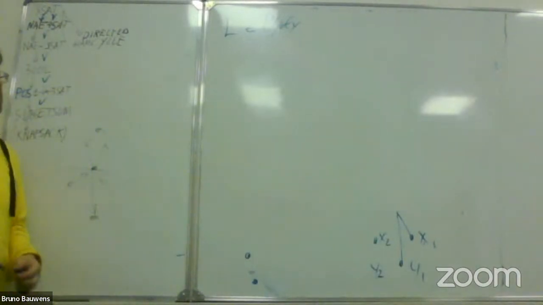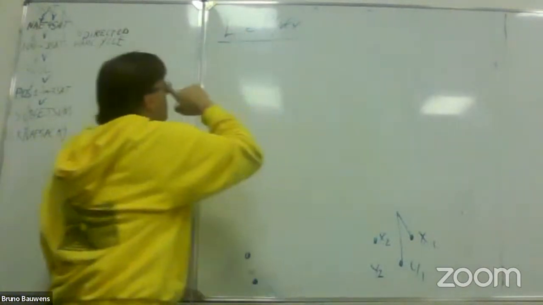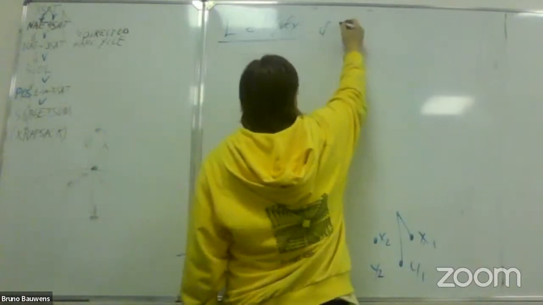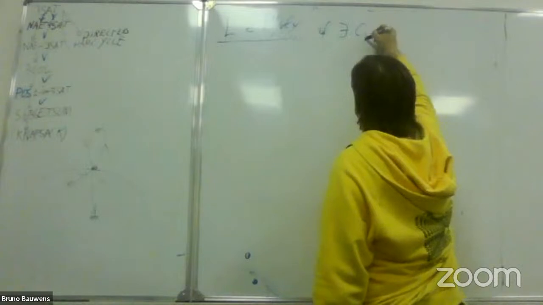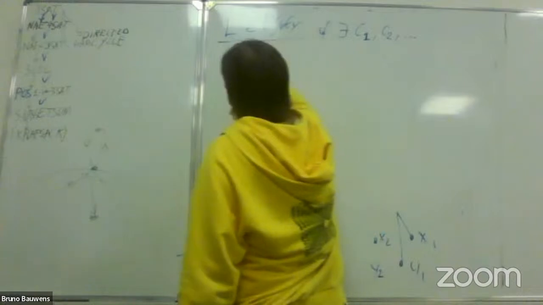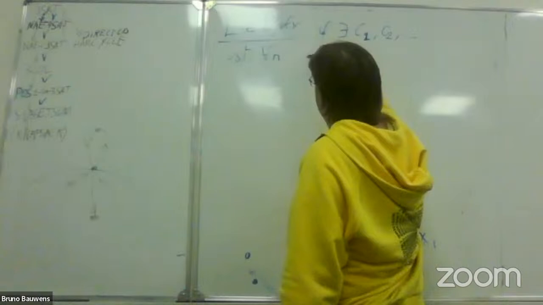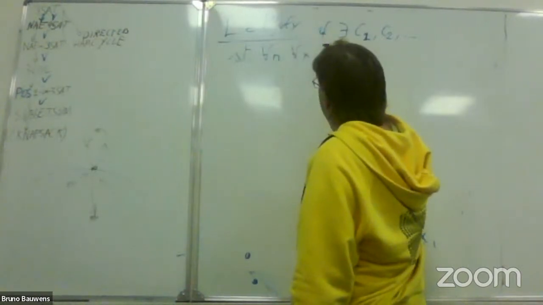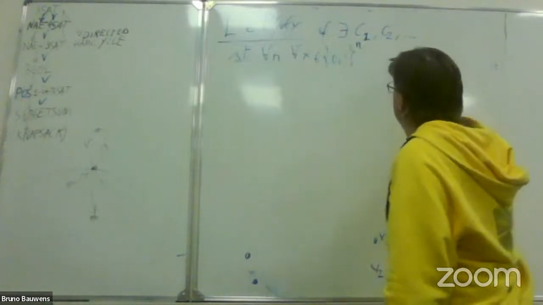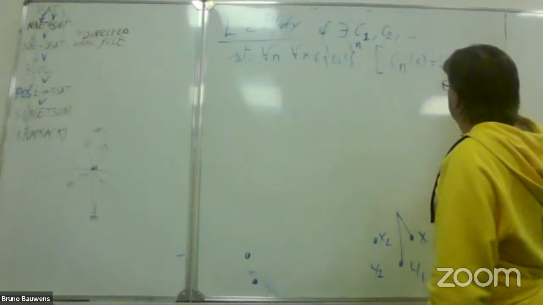But still, it's a useful class. We say that L is in P/poly if there exist circuits circuit 1, circuit 2, and so on, such that for all N, and for all x of length N, circuit N of x gives the correct answer.